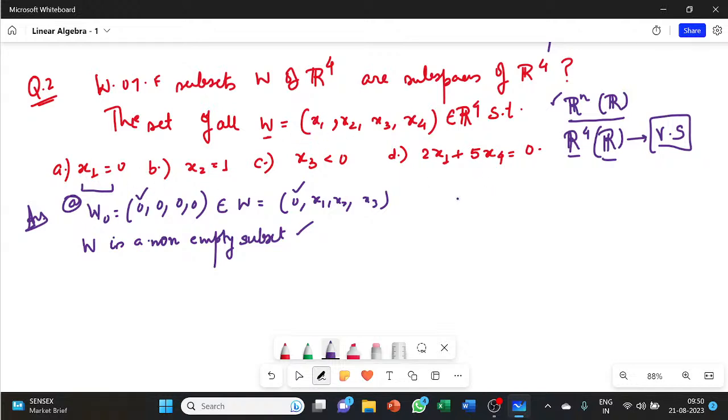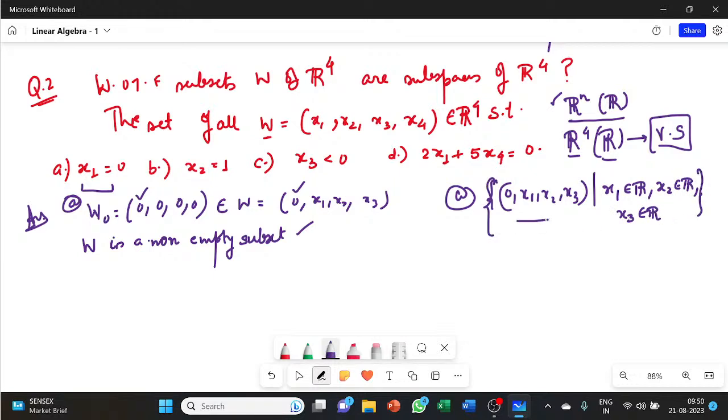So for A, we are talking about this kind of space. This is the set A. Clearly, since 0, 0, 0, 0 belongs to W, W is a non-empty subset.